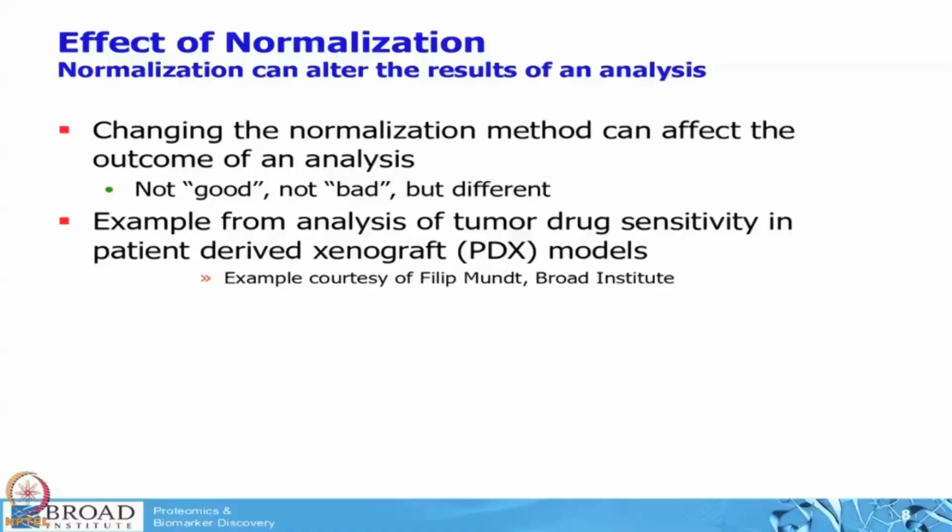Otherwise, you will tend to tweak your normalization to get results that are more agreeable, which is not the right statistical approach. So the results will be different, but it's not good in one case or bad in another case. It's just different. And so you want to make sure that it agrees with your methodology and experiment and the questions you are addressing before you go ahead.